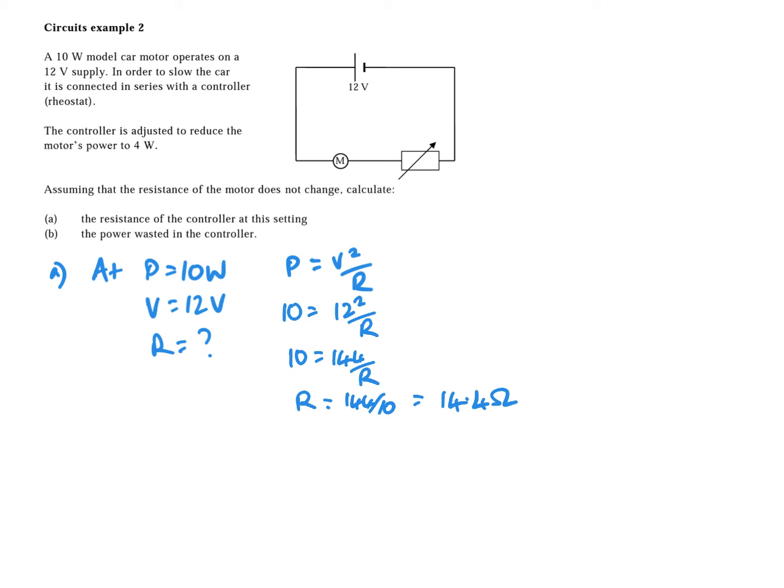So at 4 watts, we know the resistance of the motor is still 14.4, so we assume it doesn't change. So we can use them to work out the current.